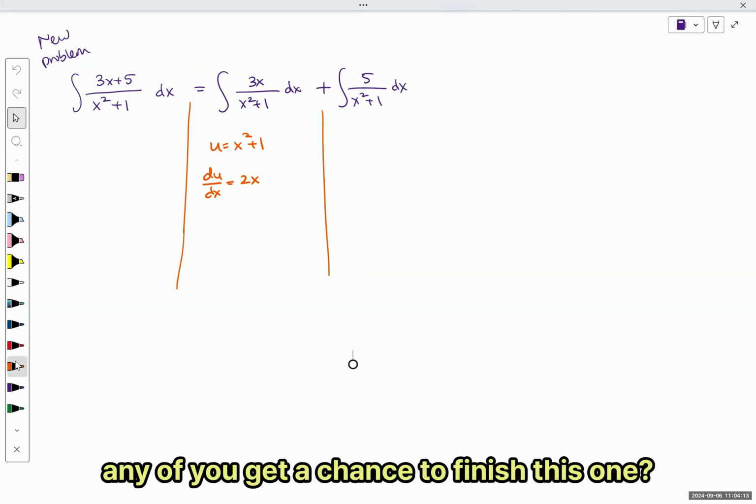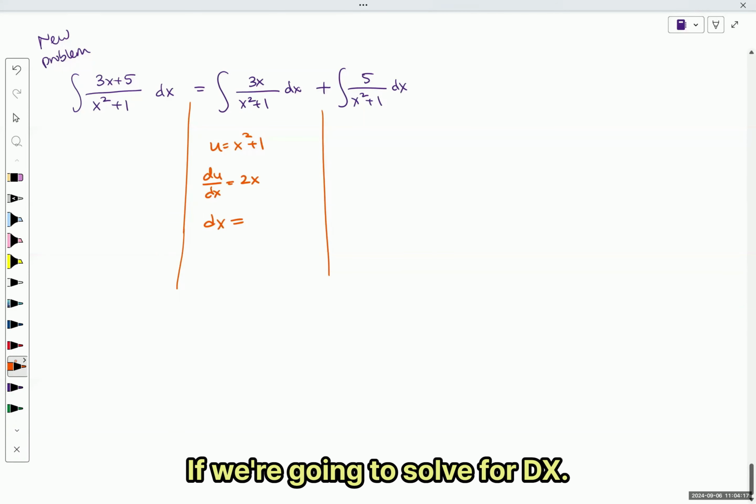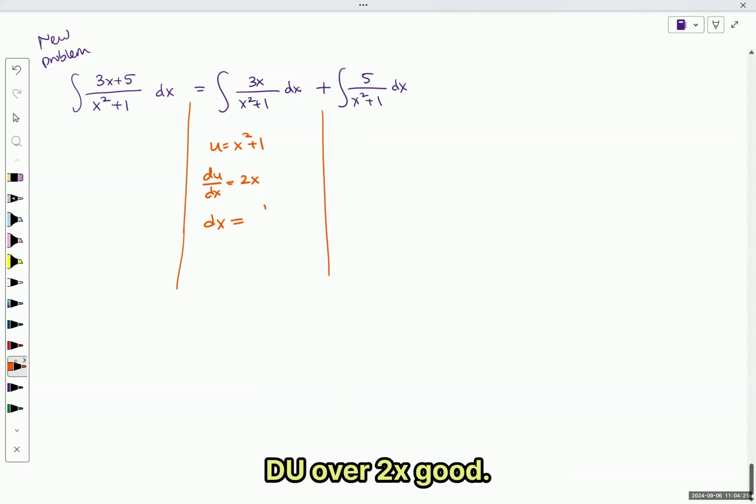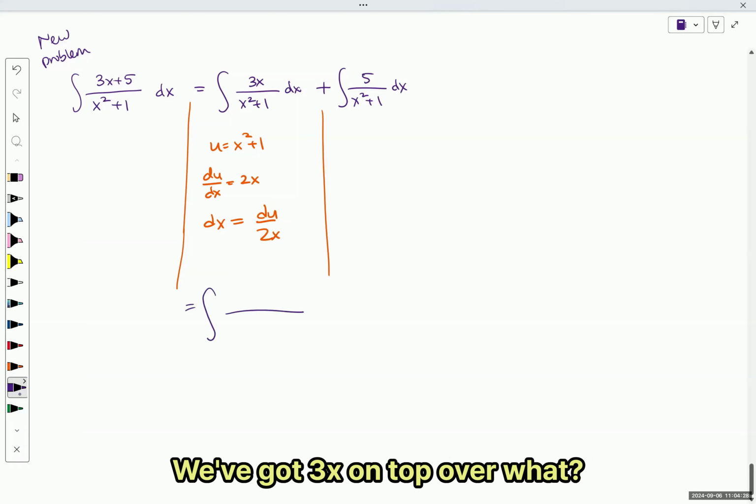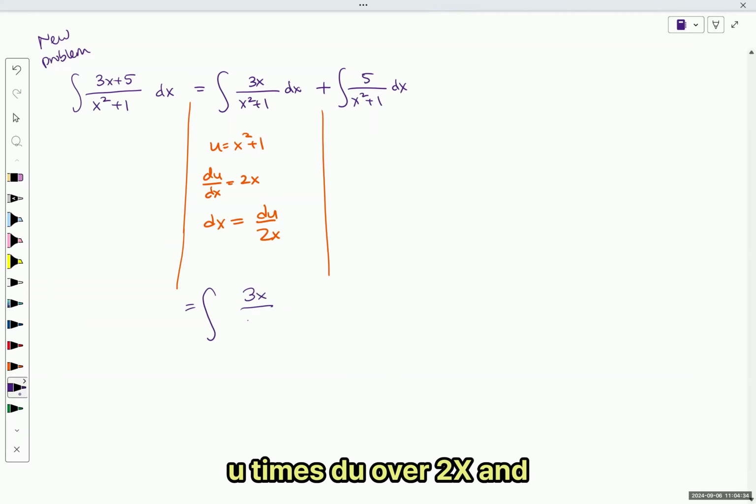Did any of you get a chance to finish this one? What should dx be if we're going to solve for dx? du over 2x. Good. And then we change that integral. We've got 3x on top over what? u times du over 2x.